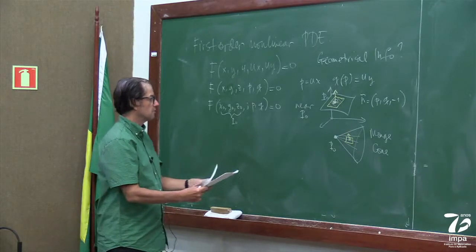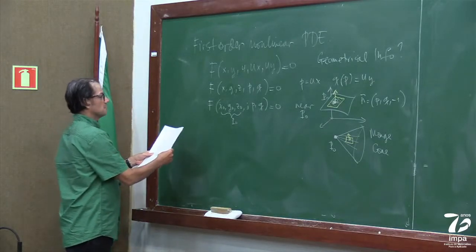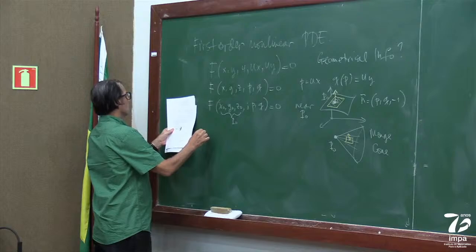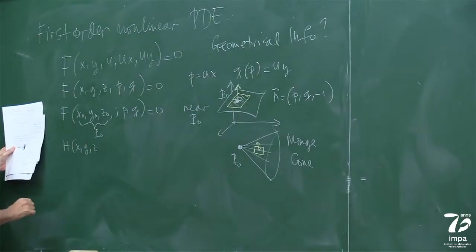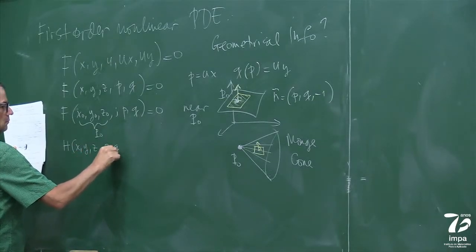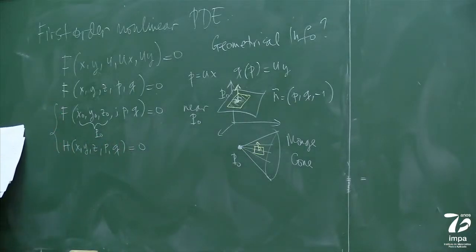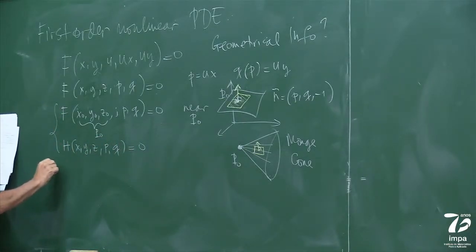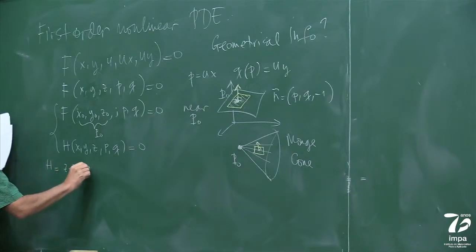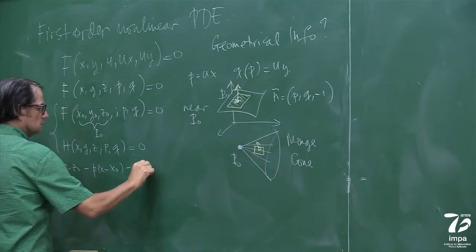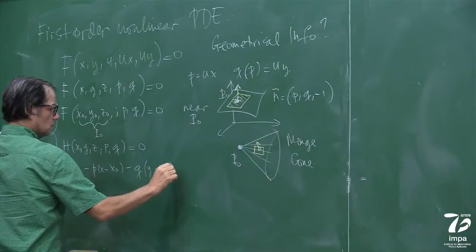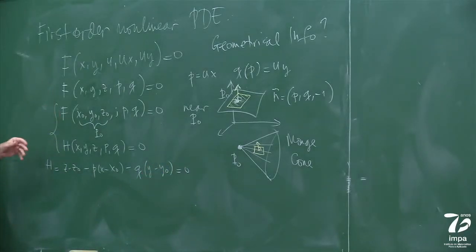I just want to write something. Here it is. And then finally, I have this, where H is my family of planes, and from here we have two equations, which basically I call this the initial PDE.